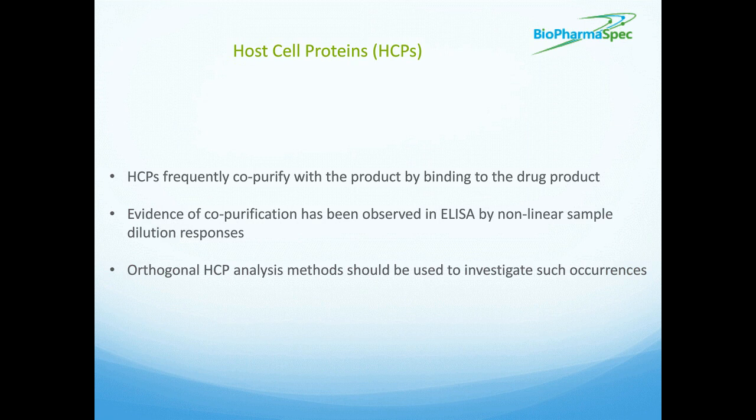An example of co-purification is the phospholipase B-like-2, PLBL2, which has been found to co-purify in multiple CHO-derived products. So this is a common impurity in products throughout the biopharmaceutical industry. It's important to note that not all commercially available ELISA kits are able to detect this protein.